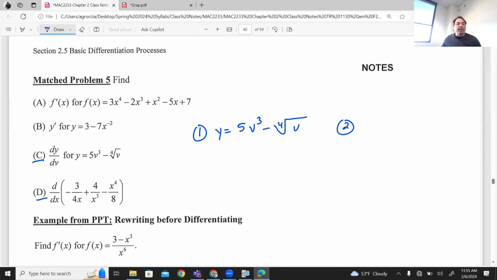And then the second one is going back to x: negative 3/4 over x plus 4 over x to the third minus x to the 4 over 8. Okay, so again, rewrite first, and then take the derivative.